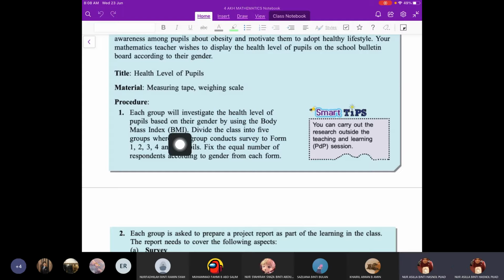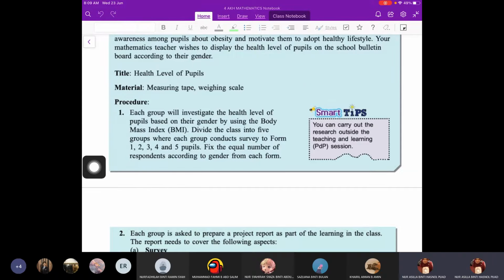So I'm going to use BMI untuk menentukan obese ataupun tidak. So I'm going to divide my class into 5 groups where each group conducts survey to form 1, 2, 3, 4 and 5. And then fix the equal number of respondents according to gender from each form.